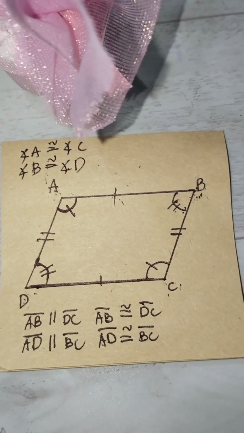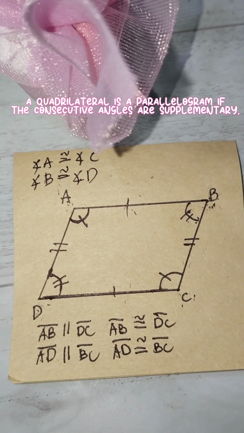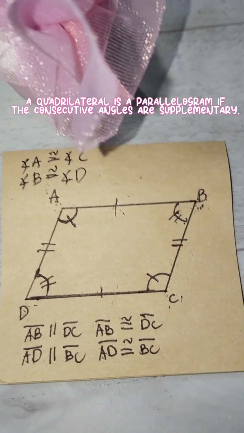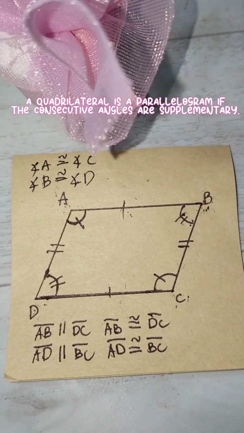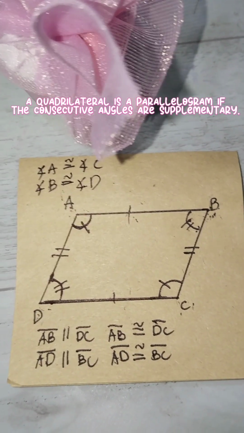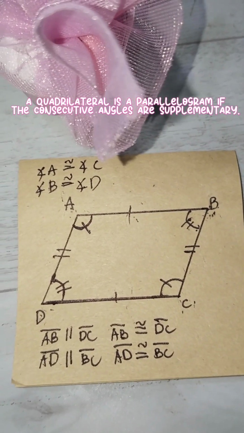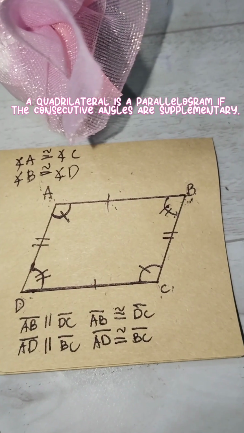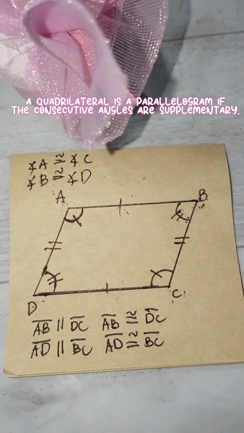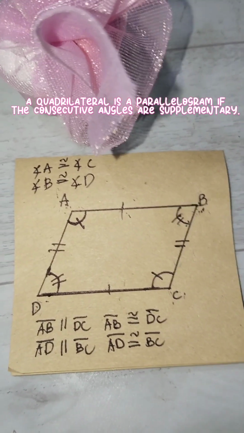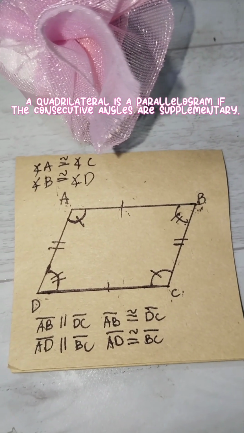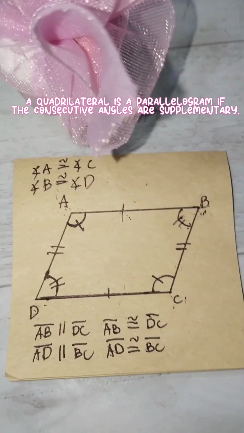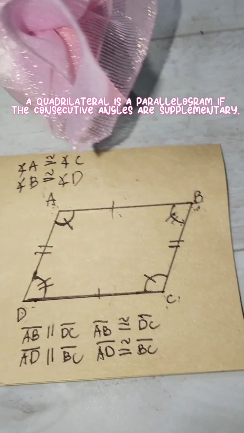Next is we have the consecutive angles are supplementary. So, when we say consecutive, ito naman yung magkasunod na angles. They are supplementary. What do you mean by supplementary? It means two angles that measure 180 degrees. Therefore, the consecutive angles are supplementary.